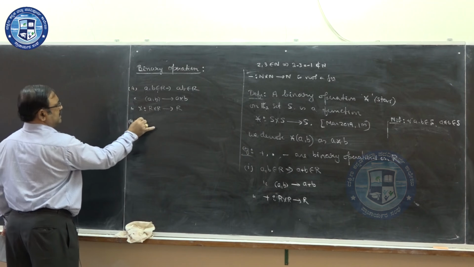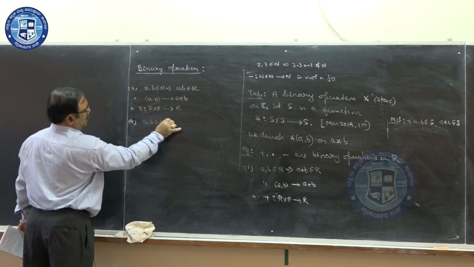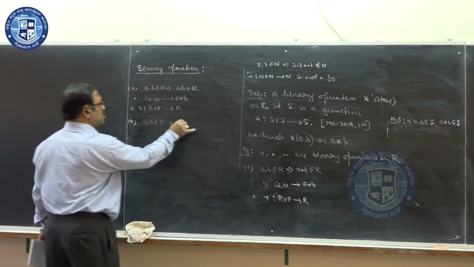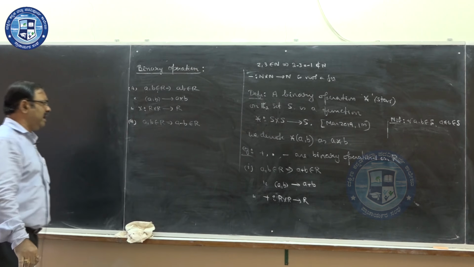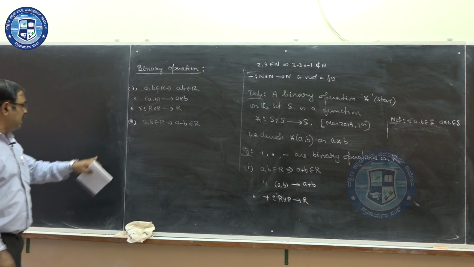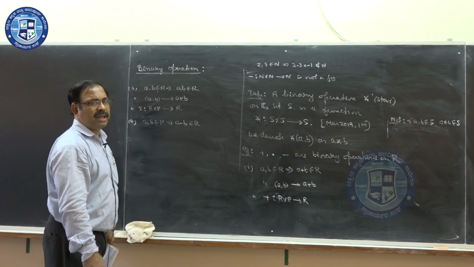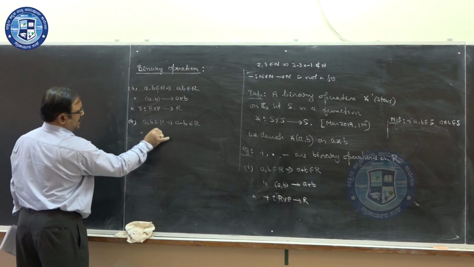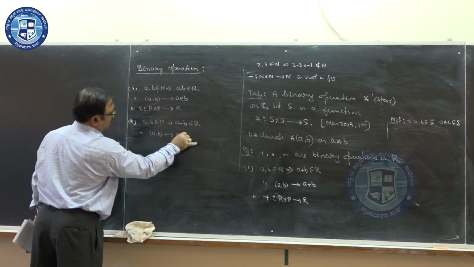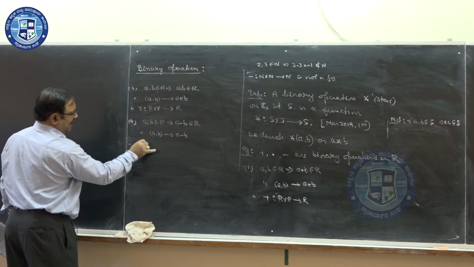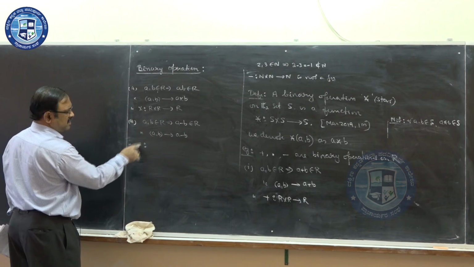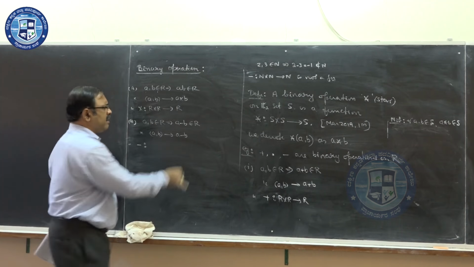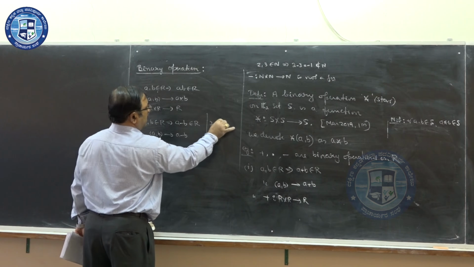See, we can write A comma B belongs to R. What about A minus B? A minus B also belongs to R. Now, it is nothing but A, B to A minus B. That is, minus is a function, because obviously for A, B belongs to R, A minus B belongs to R. See, 2 comma 3 real numbers.